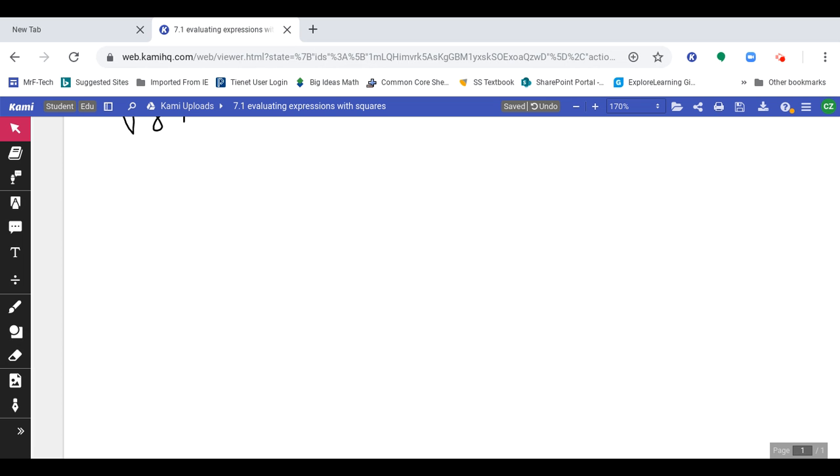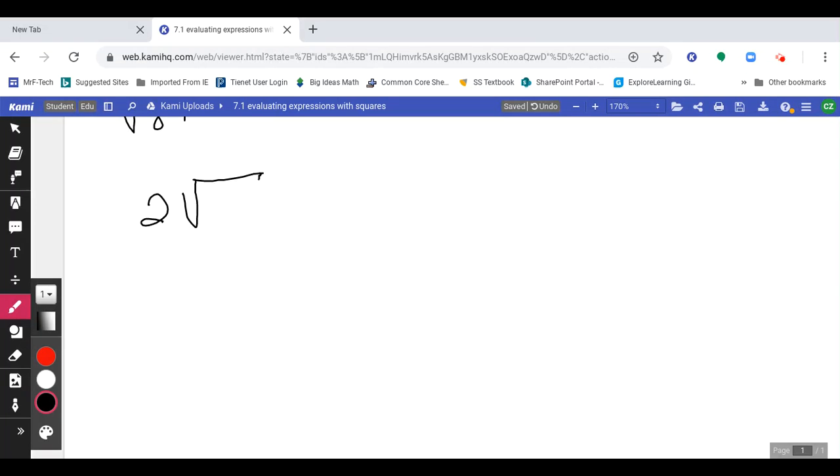All right. One of the first ones I can show you is this one. So it's 2, radical sign, radicand 144, minus 30. Okay. So the first thing I do, and think about this, what operations are in this problem?